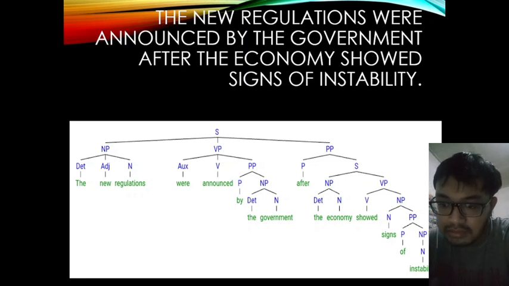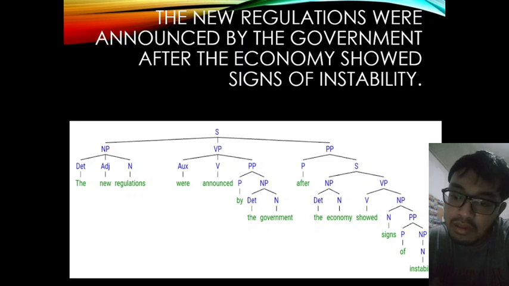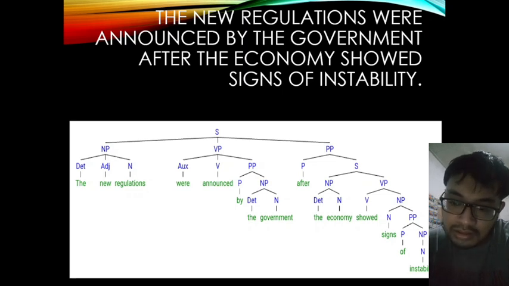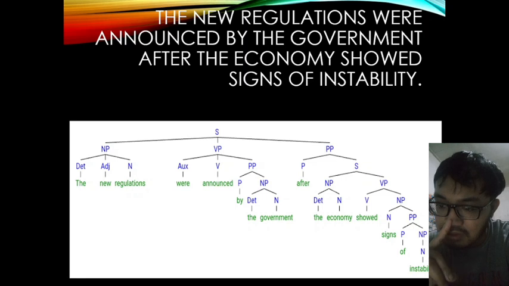Then we have the time clause: after the economy showed signs of instability. In that clause, the economy is the subject, showed is the verb, and signs of instability is the object noun phrase.